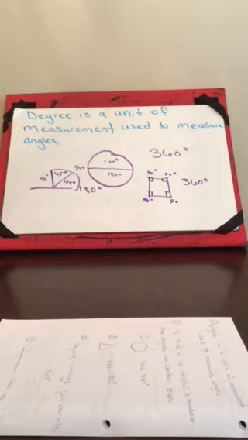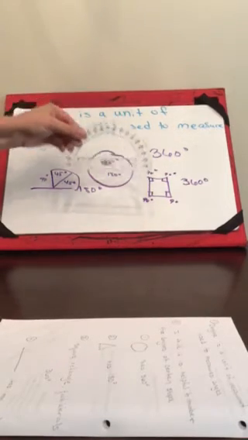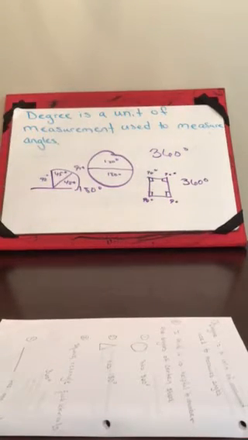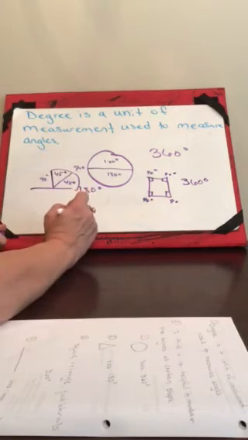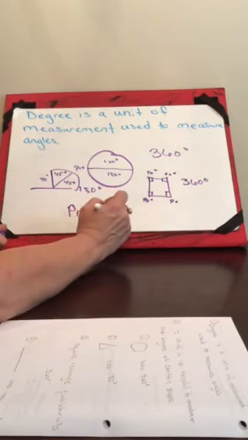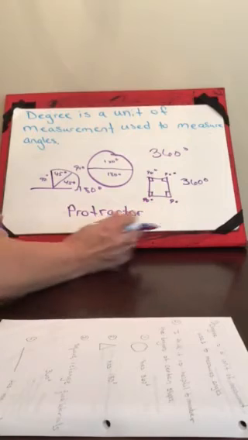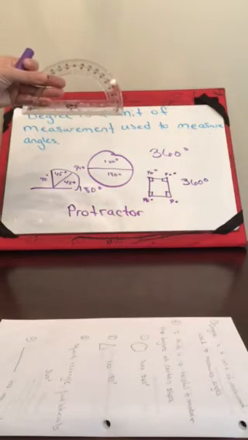Now there's also a tool that we use to help us measure our angles. And that tool is called a protractor. Okay, protractor. And this is a tool that mathematicians use to measure angles.